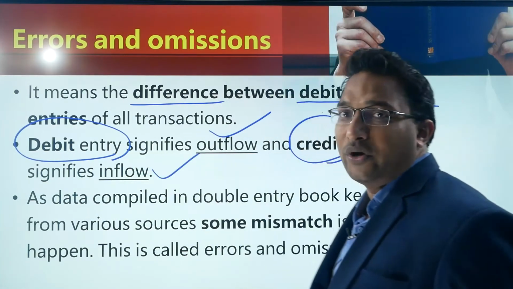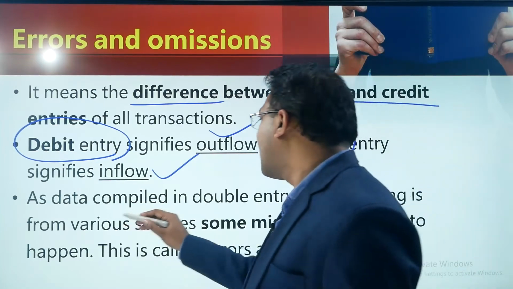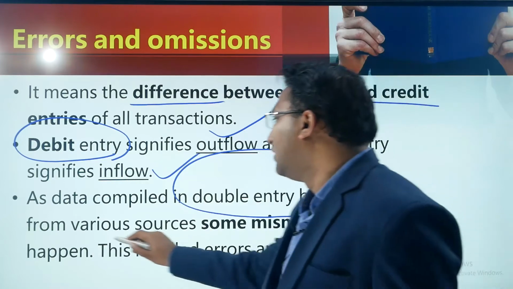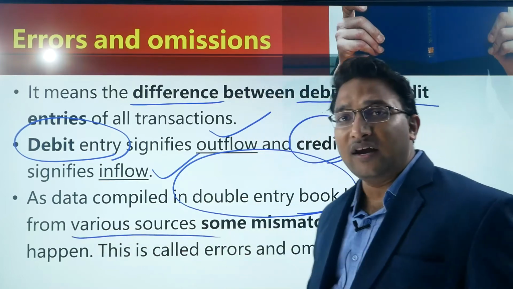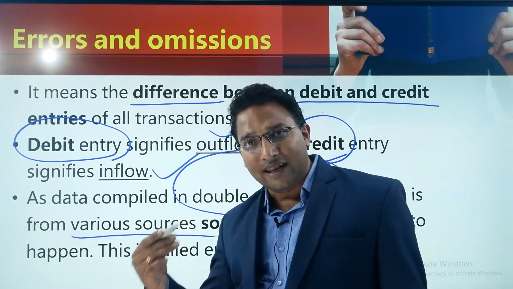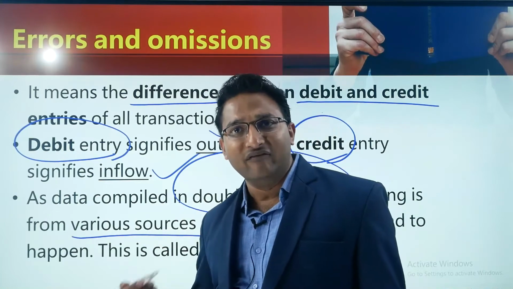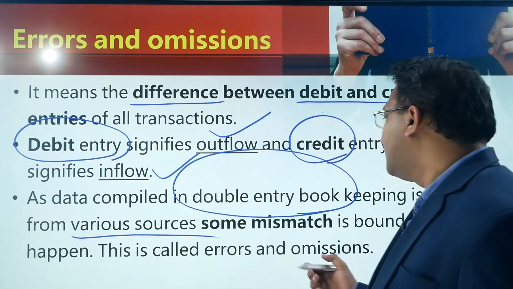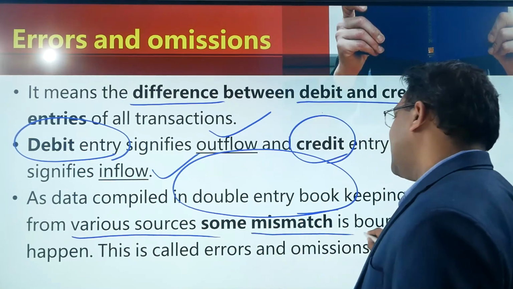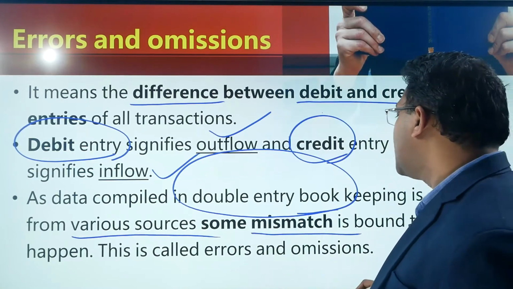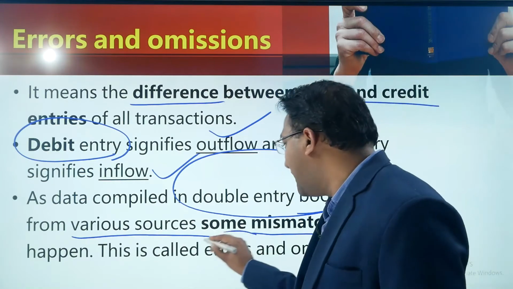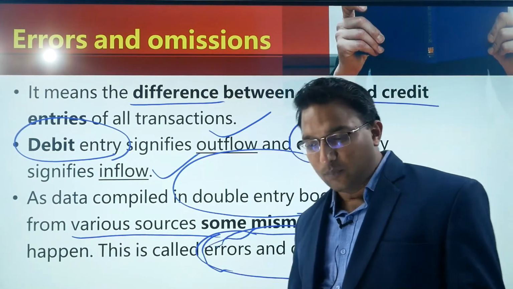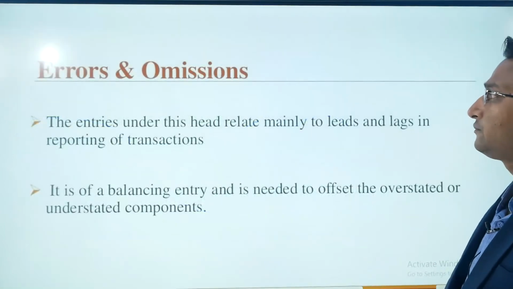We have discussed this point earlier also. As data compiled in double entry book keeping is from various sources, right? So the data that we have to take for calculating export, import, everything, is taken from a lot of sources. And there are chances of mismatch. So this mismatch is converted into match through error and omission. So the balancing figure is actually put into the error and omission.